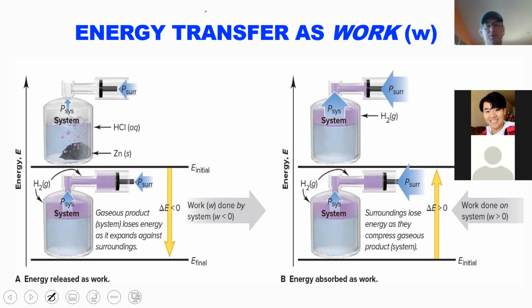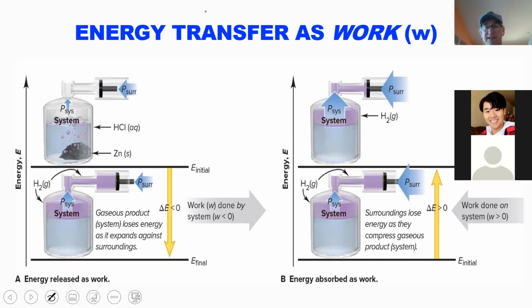Zinc chloride is one product, and the other product is hydrogen gas. The pressure of the hydrogen gas pushes that piston out. And so the pressure goes up inside the system, and it pushes against the pressure of the outside and changes the volume. We'll talk about how that is PV work, or pressure-volume work. So that's work done by the system.